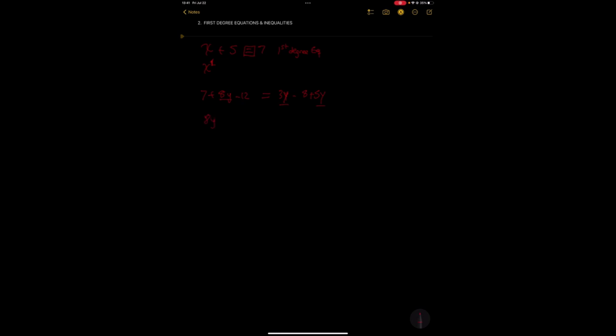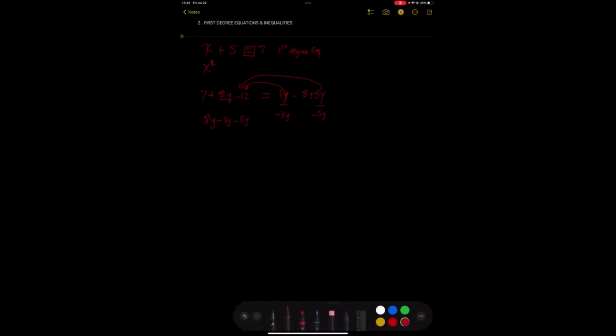I'm going to move the 3y from here to this side, so I'm going to subtract 3y right here. And because it's an equation, whatever I do on one side, I also have to do on the other side. Therefore, I'm also going to subtract 3y on this side. Same for the 5y. I'm going to subtract 5y, and on the other side, I'm also going to subtract 5y.